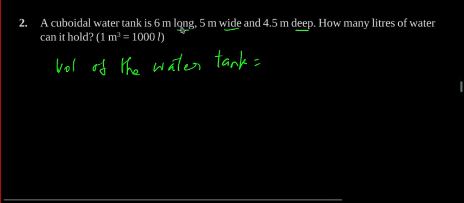So length is 6 meter, width is 5 meter and depth is 4.5 meter. If we take this as the length, the breadth will be 5 meter, a little less than that, and height will be 4.5 meter.